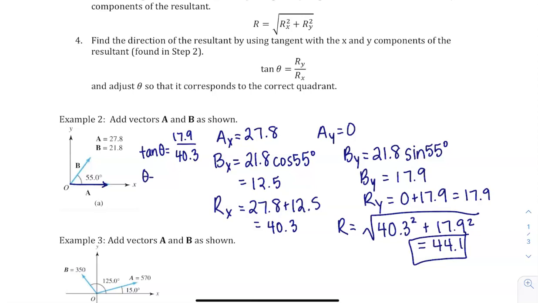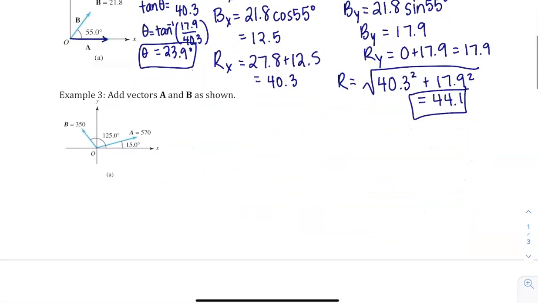And so theta equals the inverse tangent of this ratio. And we see that our theta is 23.9 degrees. So the addition of A and B here gave us a vector with a magnitude of 44.1 and a direction of 23.9 degrees.